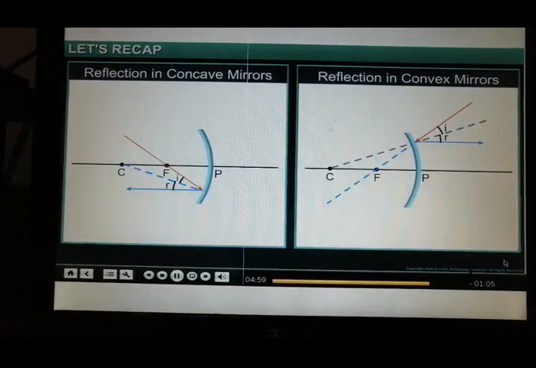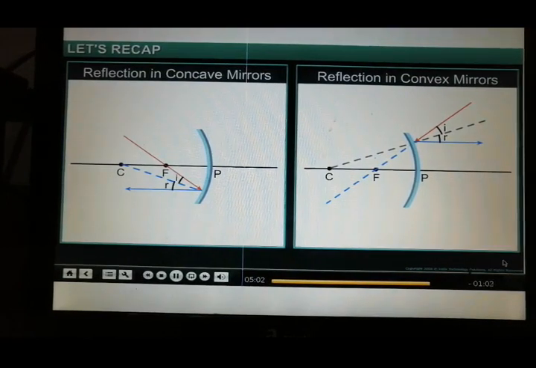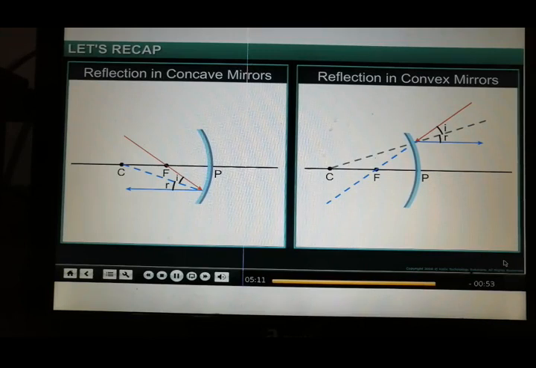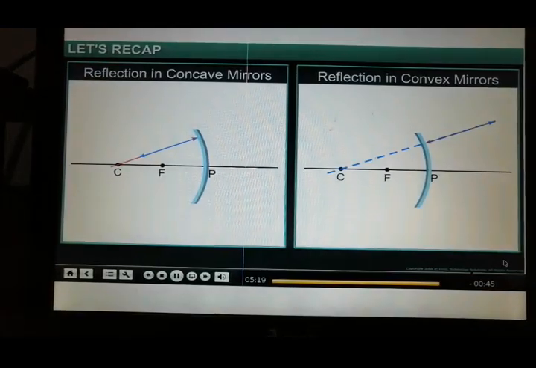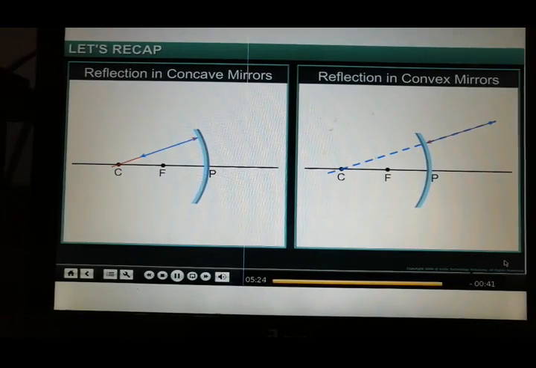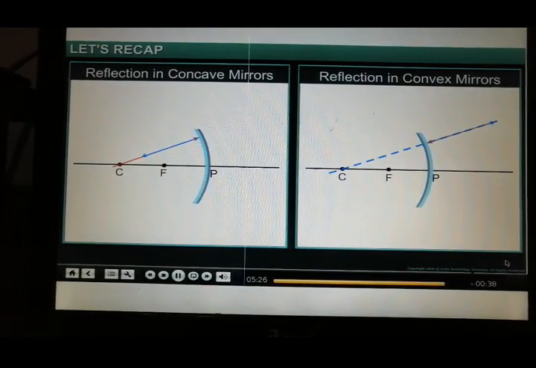A ray passing through the principal focus of a concave mirror, or a ray which is directed towards the principal focus of a convex mirror, after reflection will emerge parallel to the principal axis. A ray passing through the center of curvature of a concave mirror, or directed in the direction of the center of curvature of a convex mirror, after reflection is reflected back along the same path.